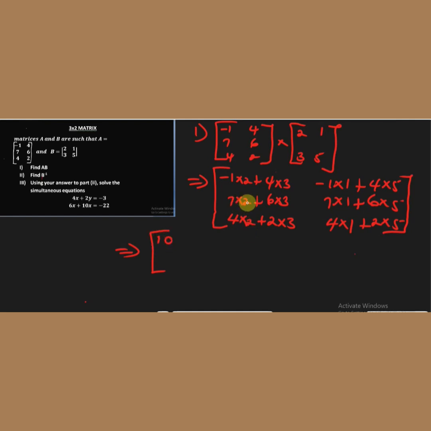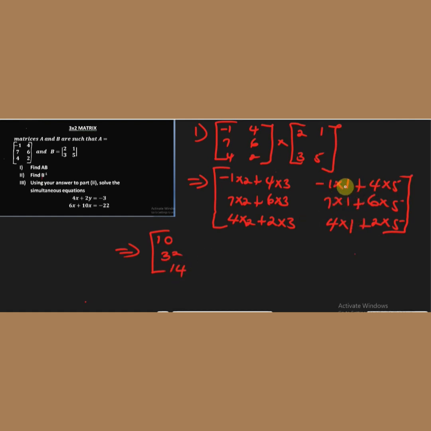Then 7 times 2 is 14, 6 times 3 is 18, so 14 plus 18 gives me 32. I'll write out 32 here. Then 4 times 2 is 8, 2 times 3 is 6, 8 plus 6 gives me 14. I'll write it here.